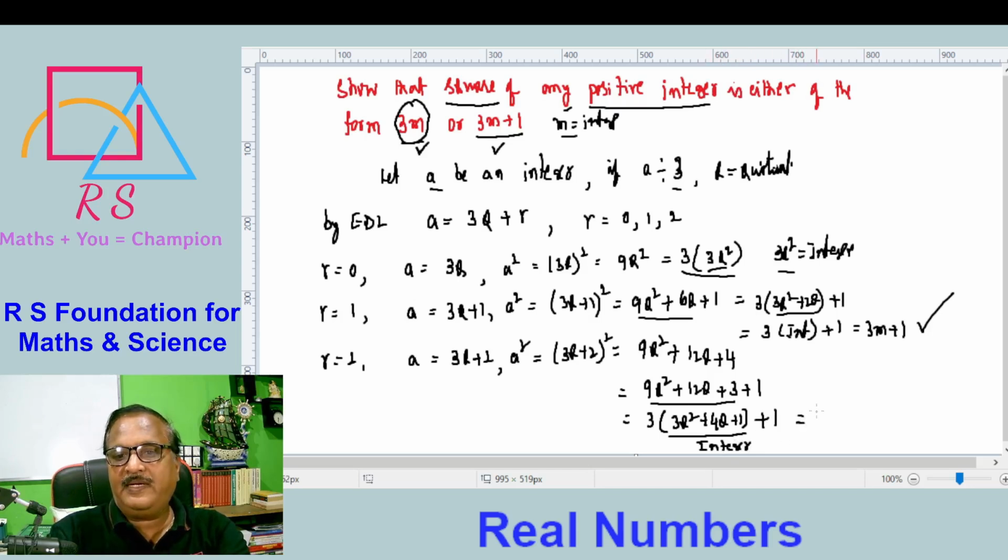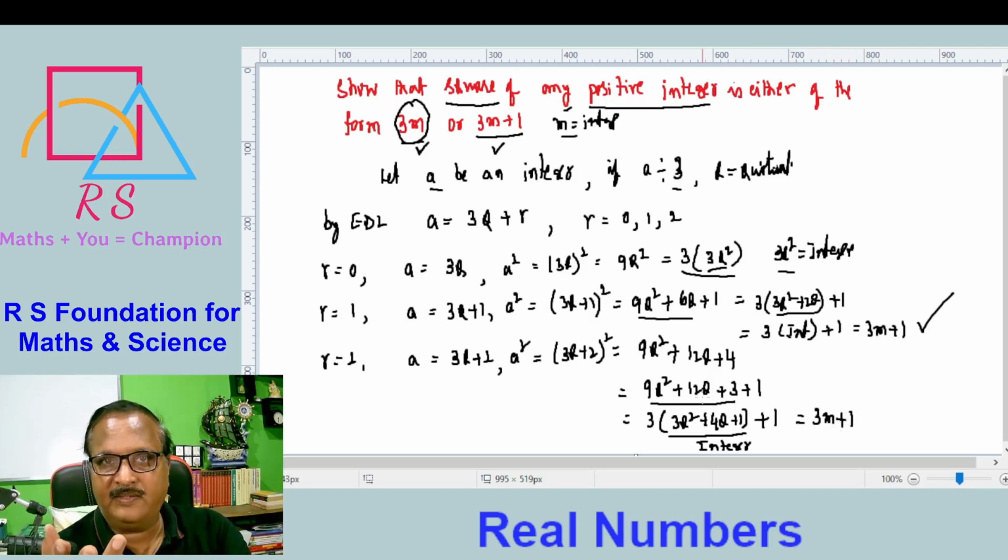So then again it is 3m plus 1. So that means at all 3 values of r, the square of a is in the form of 3m or 3m plus 1. Okay, so you have to do this 3-4 times, so that the concept will go into your mind. I hope these 2 examples are okay.